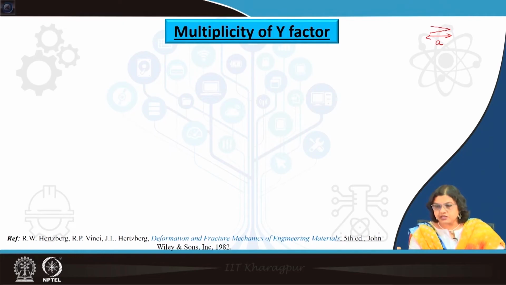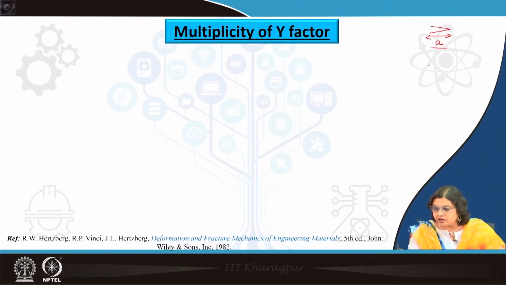In some cases we did consider rho, particularly for the calculation of stress concentration factor, but in most of the cases, especially for stress intensity factor, we rely on a as the primary crack or notch or defect dimension. Now, there could also be possibilities that this defect would not be this sharp, rather it can be an elliptical defect.